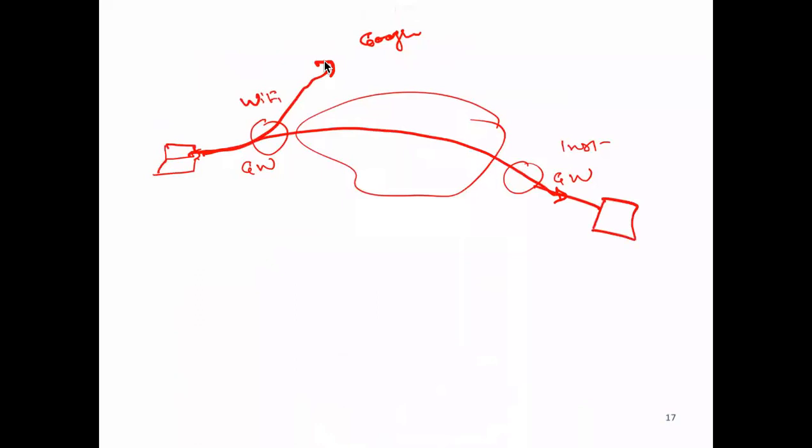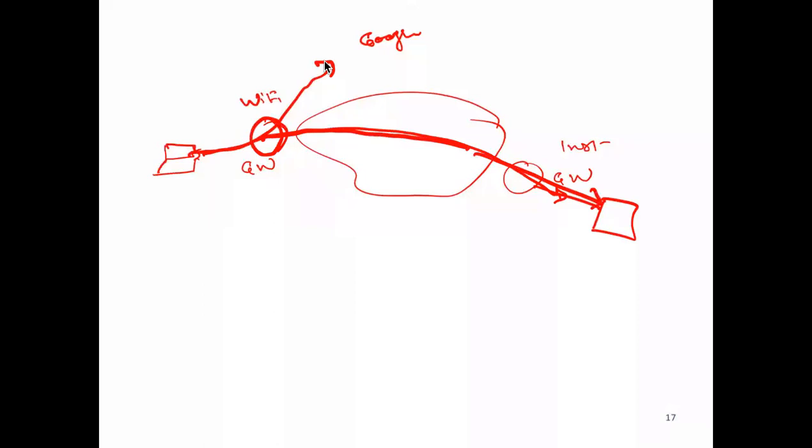Then this gateway has to decide: the packets that are coming from your laptop, some are meant to go outside, and in that case there is no need for IPSec. So it will let those packets go as they are, and there are some packets which need to go to a certain destination that will have IPSec, right?